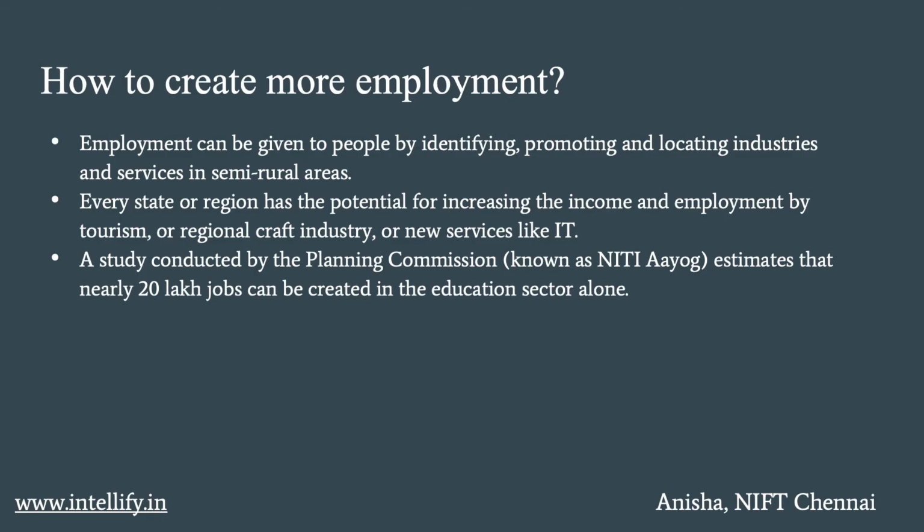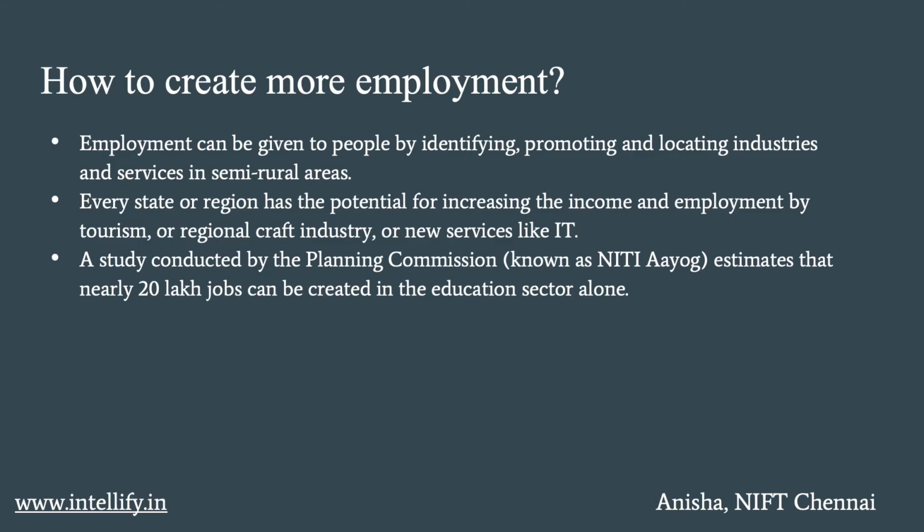From the discussion, we can see that there continues to be considerable underemployment in agriculture. Also, there are a lot of people who are not employed at all. So, in what ways can one increase employment for people? Employment can be given to people by identifying, promoting, and locating industries and services in semi-rural areas.